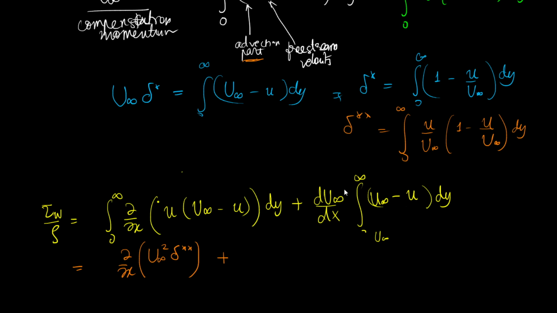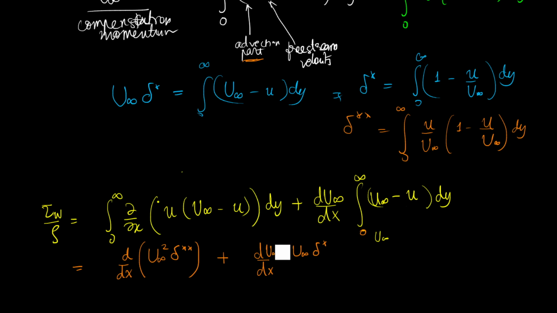And what about this? Because we are integrating it all, this whole thing will become a function of x only. We are integrating it in the y direction, so there will be no y dependency after integration, so this will become d/dx. So what about this term? This term will become du infinity/dx times, so this is equal to u infinity times delta star.